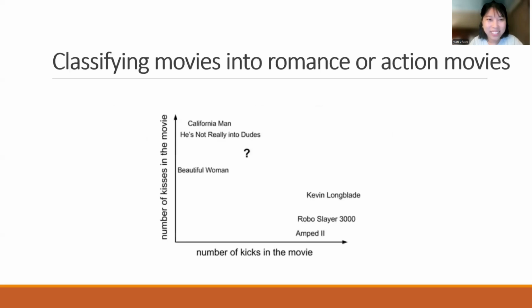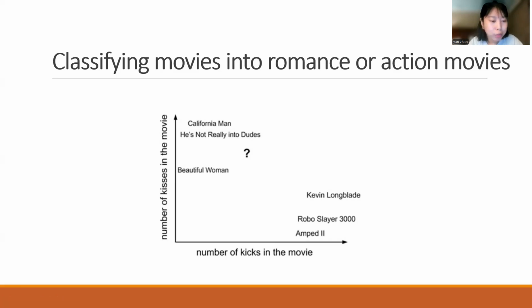Okay, good. Let's run through a quick example classifying movies into romance or action movies. Let's say someone watched a lot of movies and counted the number of kicks and kisses in each movie. I have plotted 6 movies by the number of kisses and kicks in each movie in this figure.